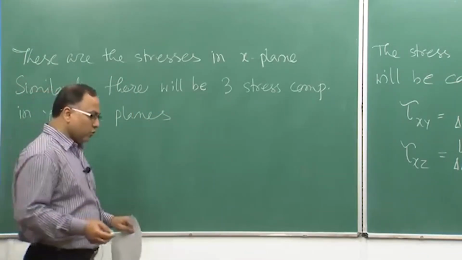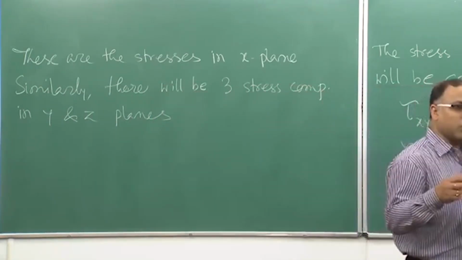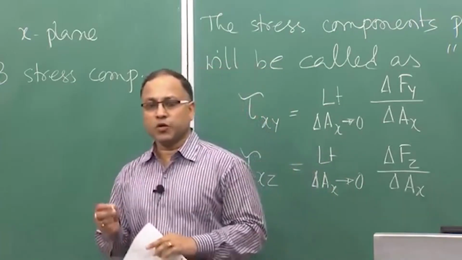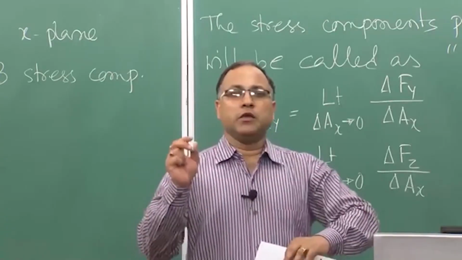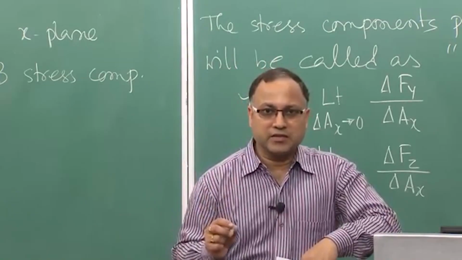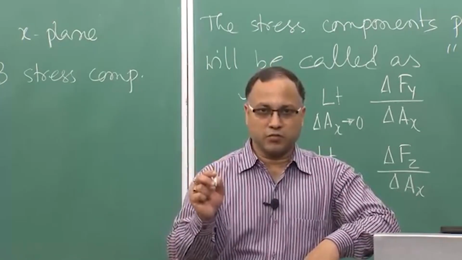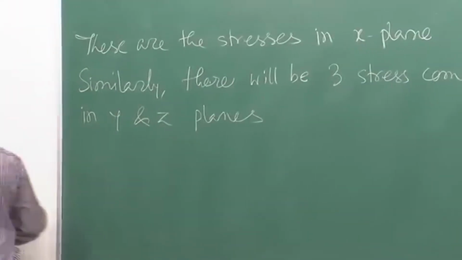So, on x plane you have 3 stress components, on y plane you have 3 more, and on z plane another 3 stress components will come. So, at point O, you can define the state of stress with 9 stress components. Okay. So, let us write down those stress components.